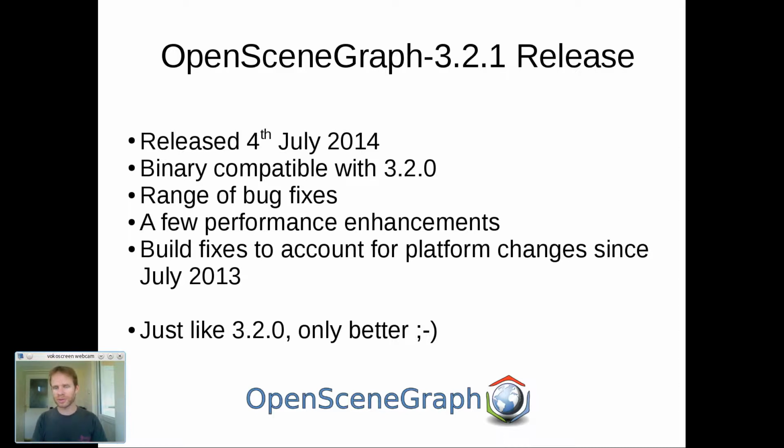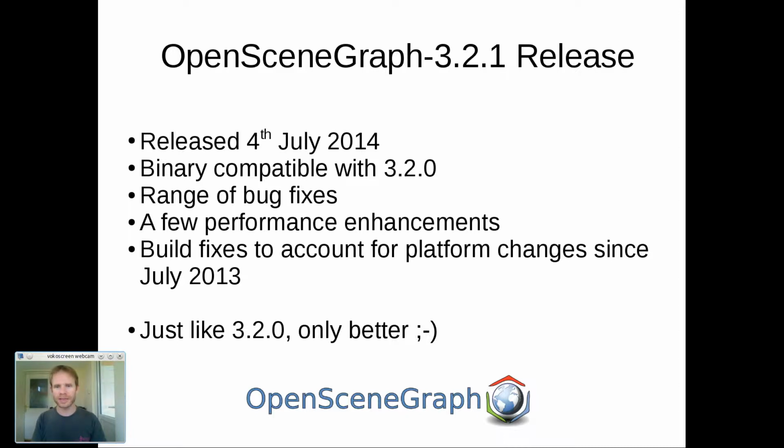So even though the actual functionality in the 3.2.0 code base hasn't changed very much, the platform environment that people are using it within has changed dramatically. So we've had to update the CMake build system and also various different source files just to account for those changes with the platform environment. So that's all wrapped up in 3.2.1.